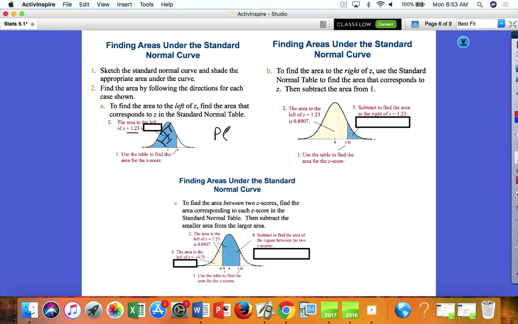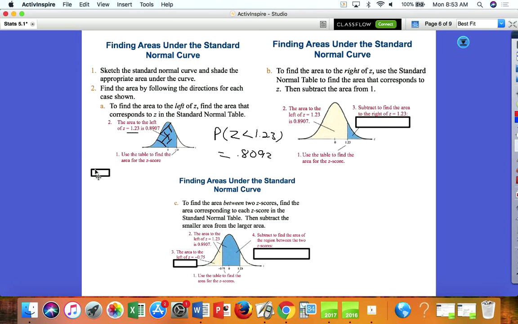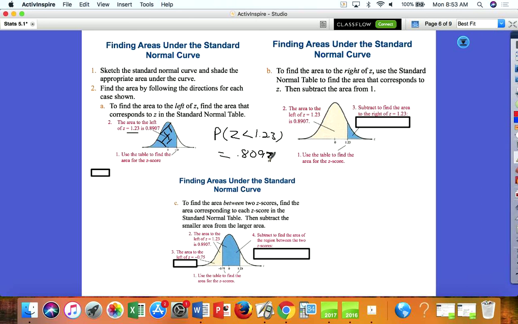So what's the probability that a random z would be less than 1.23? It would be this area to the left of 1.23, which is 0.8907 actually. Okay. So that's how you find the area to the left of a z-score.